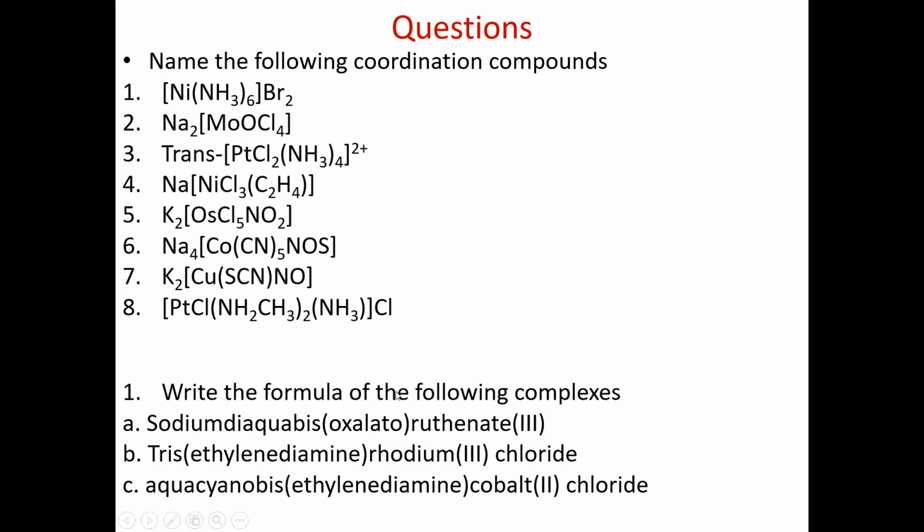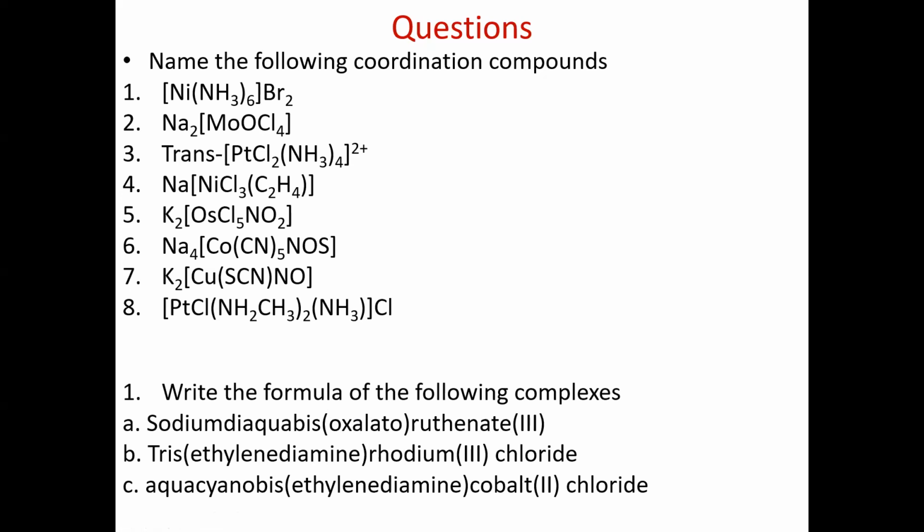Ruthenate means it's an anionic complex, so it's ruthenium, because oxalato is an anionic ligand. So please try it, and in the next lecture we'll see.